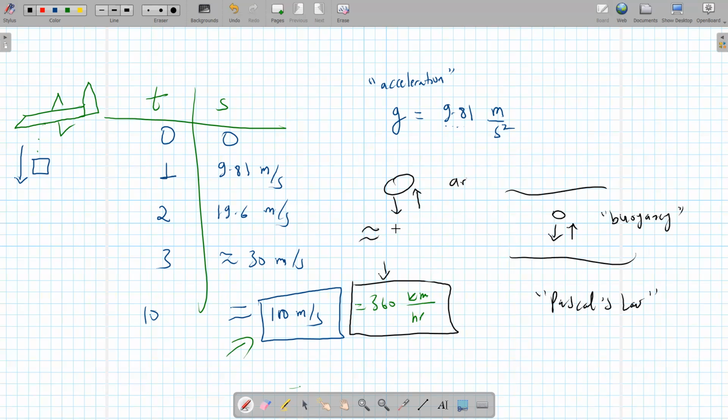The maximum you can get is about 200 kilometers per hour. This is called free fall. At these speeds, even if you land in water, it would be like hitting concrete.